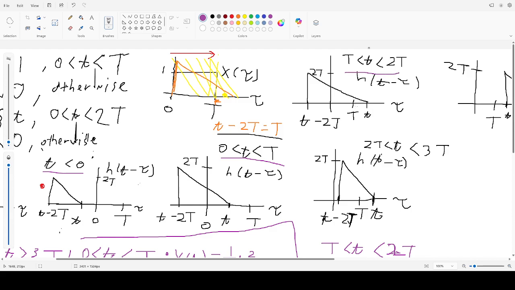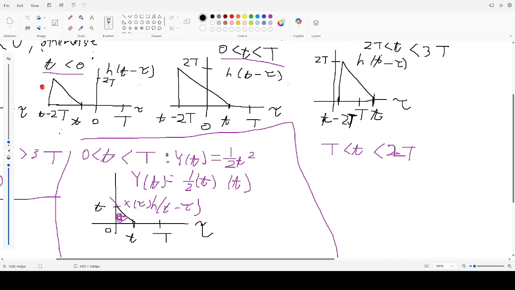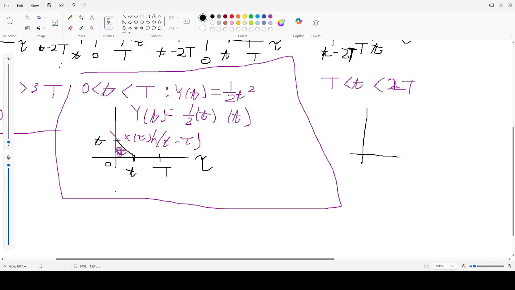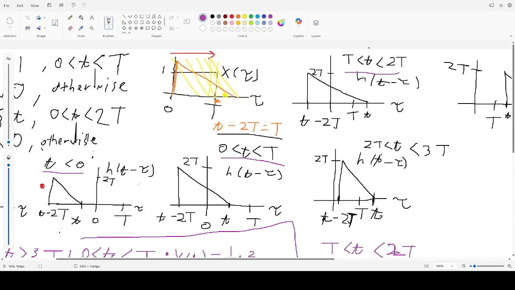The point of the triangle is past the end of the rectangle, which means, let me draw the axes here. Here's tau. There's big T. The point of the triangle is past it. Now try to imagine, let me do this yellow, we overlay that rectangle right here.